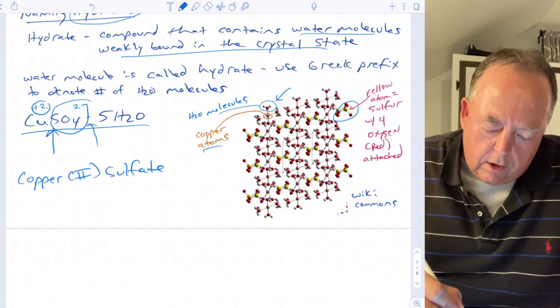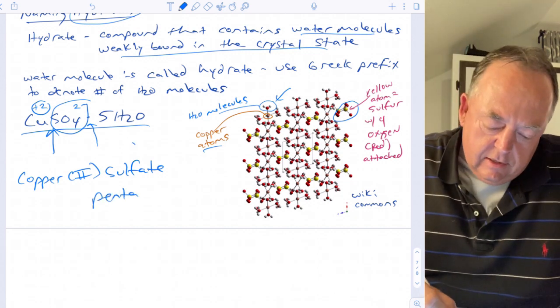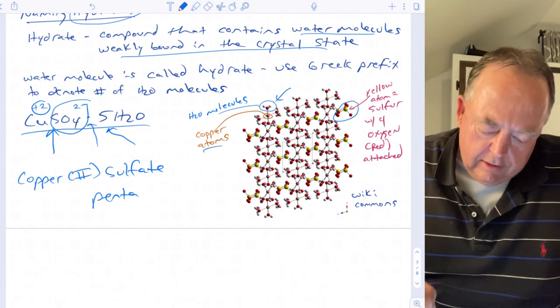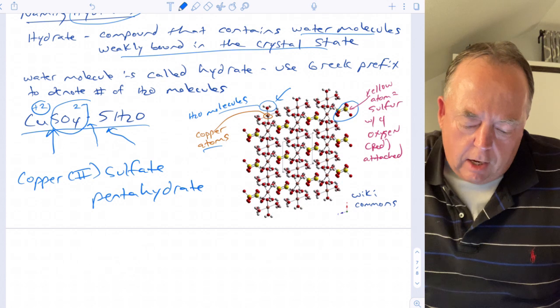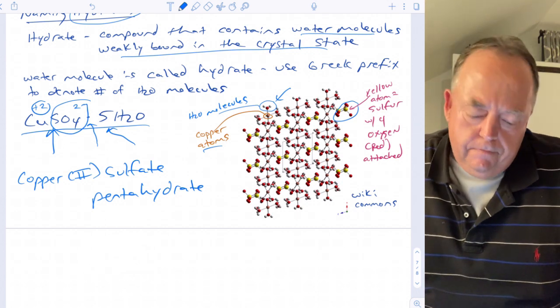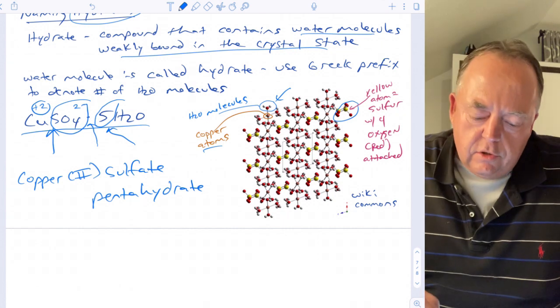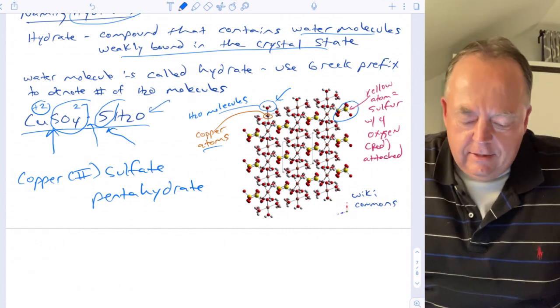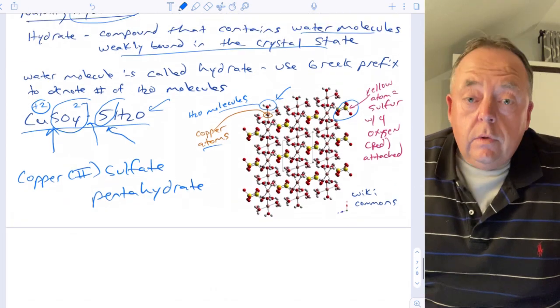And then there are 5 waters, so then what you say is penta. So now you use a Greek prefix for however many waters there are. So penta, and then you call water hydrate. So that would be copper(II) sulfate pentahydrate. So just a Greek prefix for however many waters there are, and then just call water hydrate and stick that at the end of your name. Okay, we will stop there.